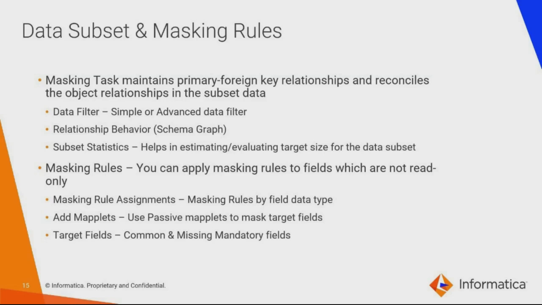All this essentially means, let's say I have account, opportunity, account, contact, and case as my source objects. If we don't apply any filter, the default path is it will extract all the records from the account table.